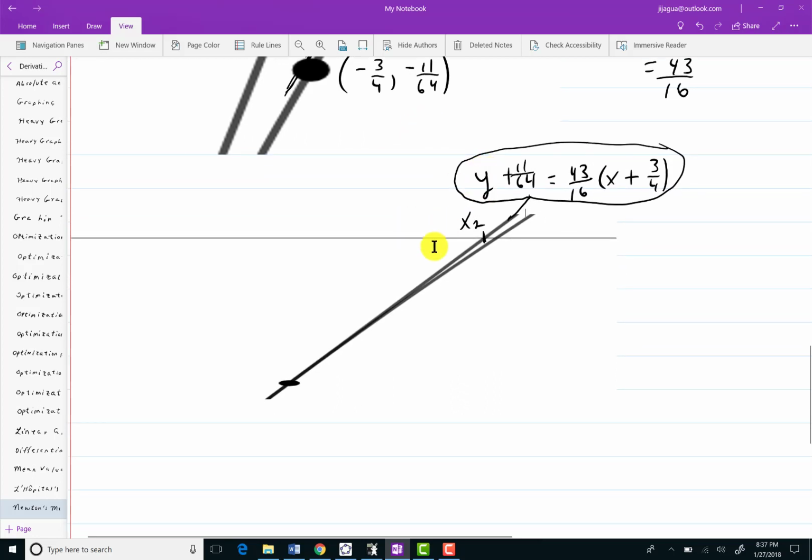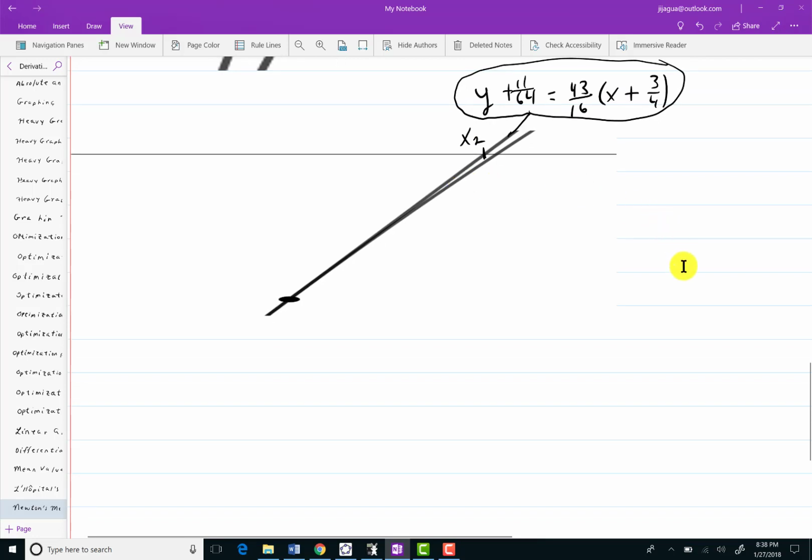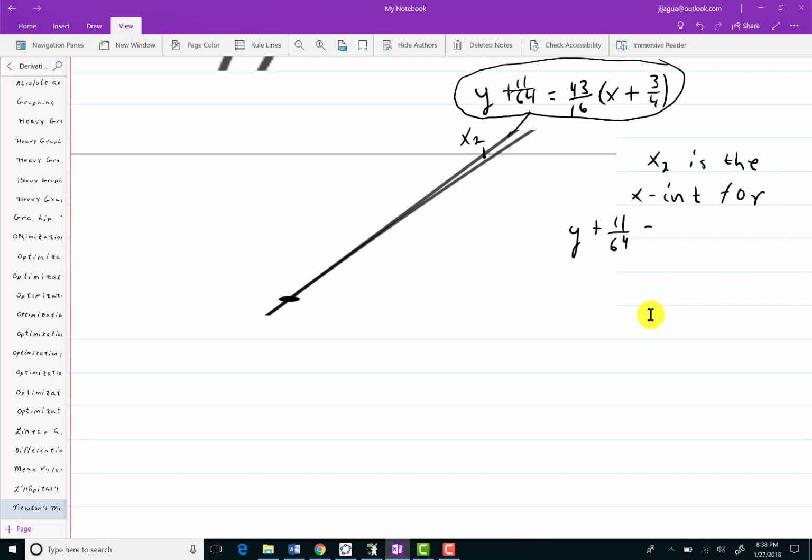It's not really necessary. Now if I want x2 then, that's the x-intercept for this tangent line. So that means y equals 0. So x2 is the x-int for this tangent line. Y plus 11 over 64 equals 43 over 64 times x plus 3/4.